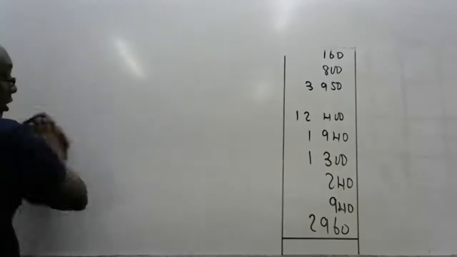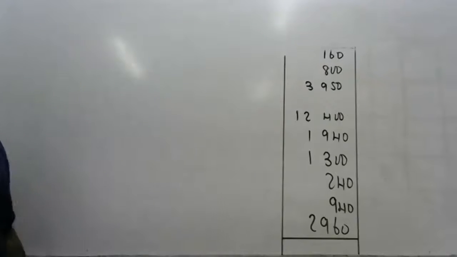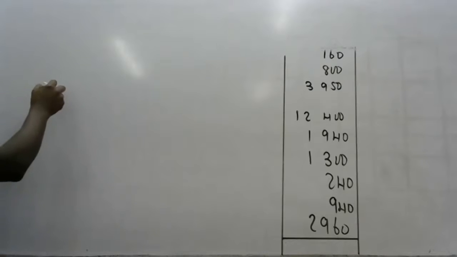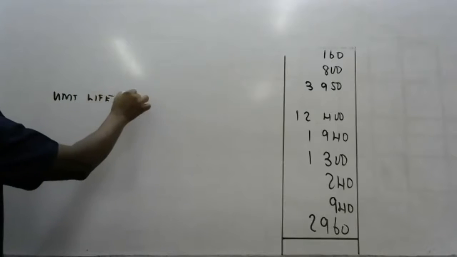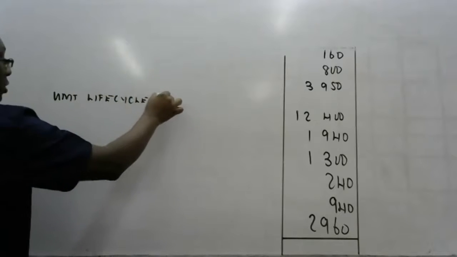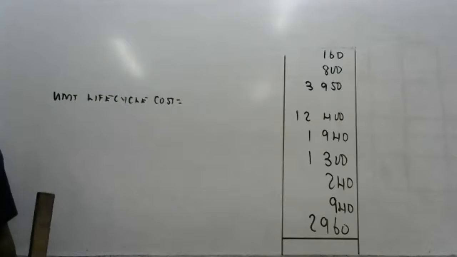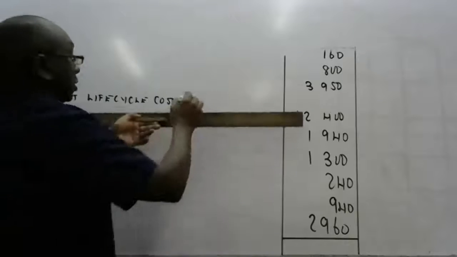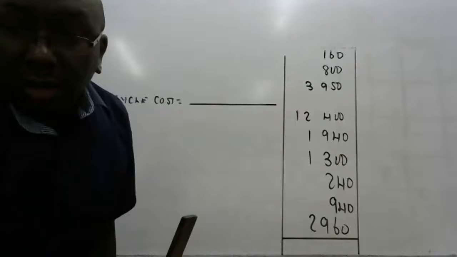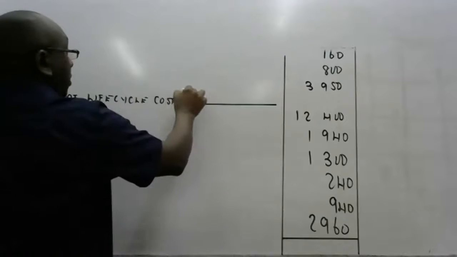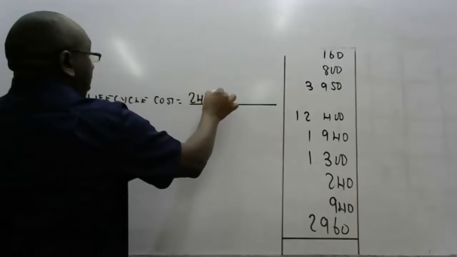Give me the total of those costs, so that we'll be able to say unit life cycle costs. 24,700,000.